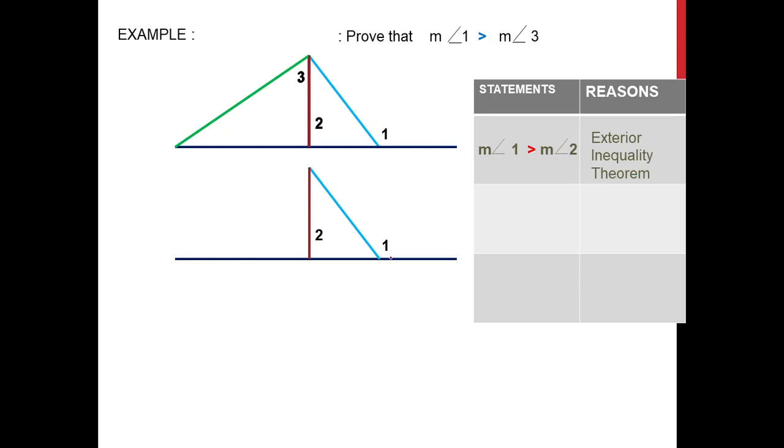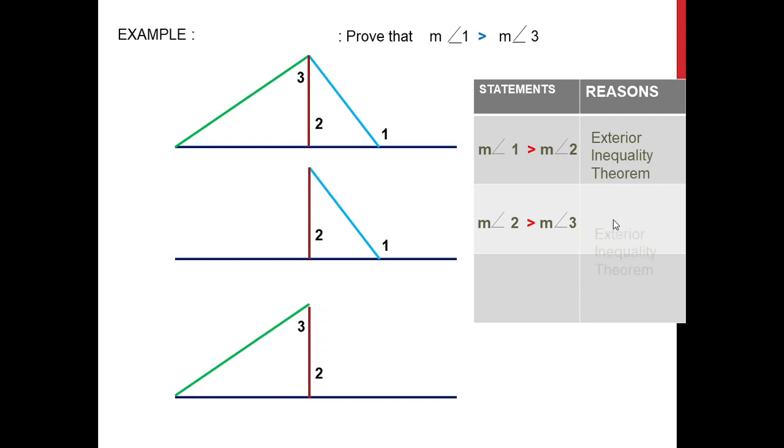Now, since we already proved that angle 1 is greater than angle 2, let's take this bigger triangle now. In this next triangle, as you can see, angle 2 becomes the exterior angle, correct? So we can say in our statement that angle 2 is greater than angle 3 because angle 2 is now the exterior angle and angle 3 is one of the remote interior angles in this triangle.